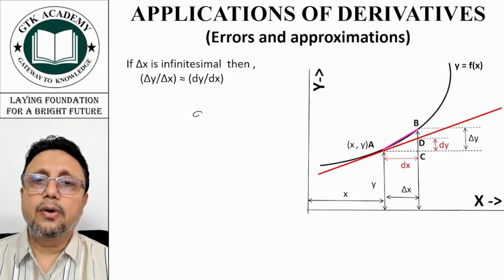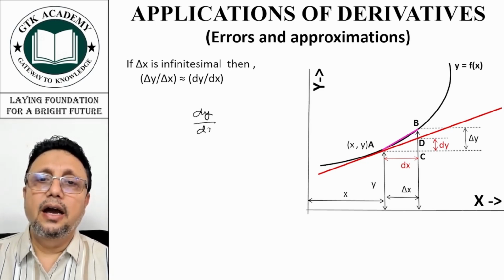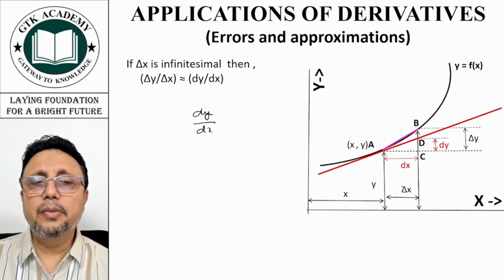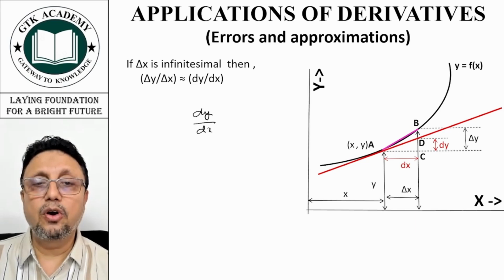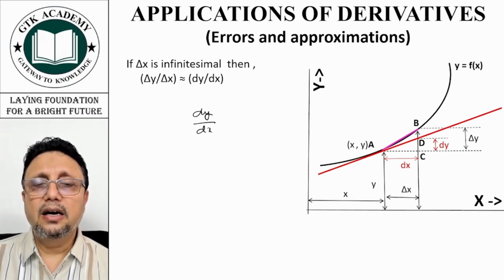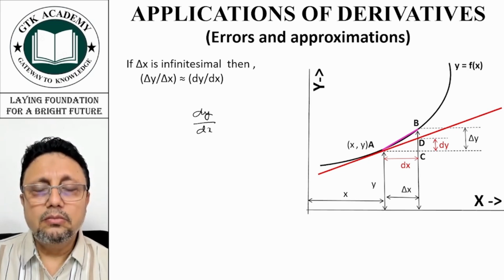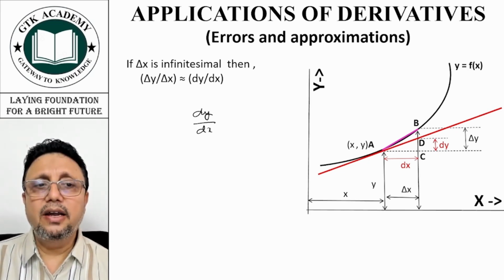Now what is dy upon dx? And please note here, I can't make this delta x very small in depiction because we have our own limitation in drawing, otherwise you will not be able to see. That is why I have just demonstrated by reducing delta x a bit, and you would have observed that delta y and dy are coming close to each other as delta x becomes smaller and smaller.